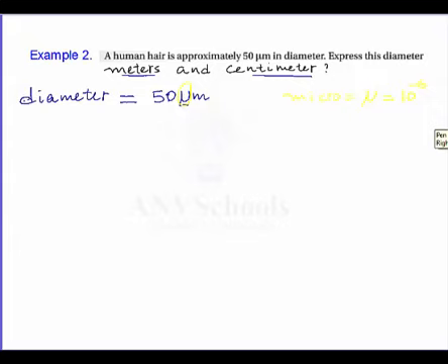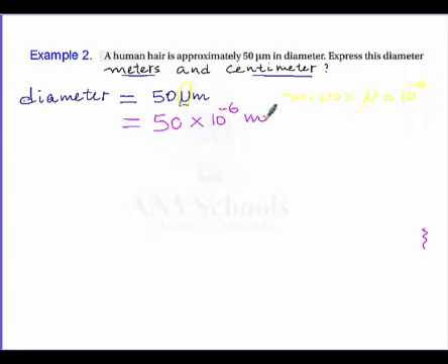So instead of this micrometer, I can put this equivalent to 50 multiplied by micro, which is 10 to the power of negative 6 meter.